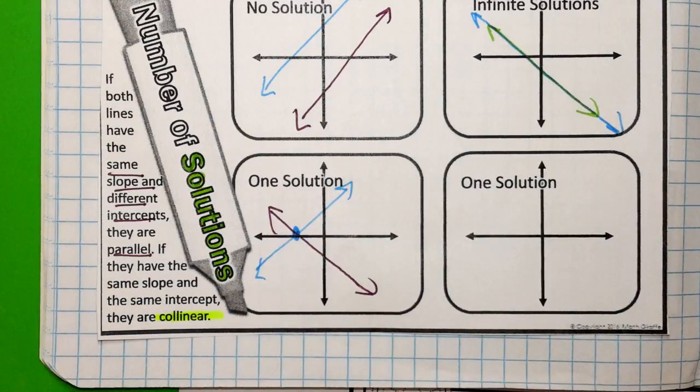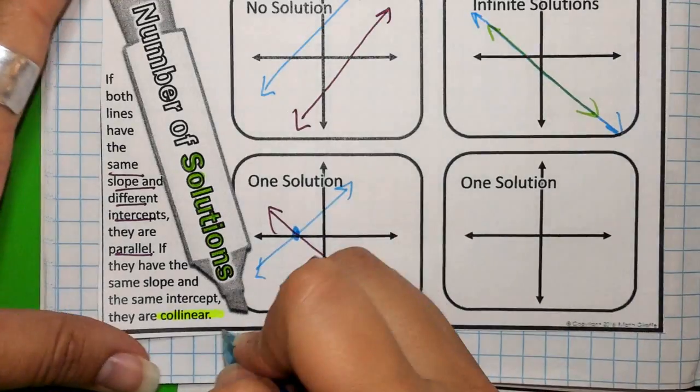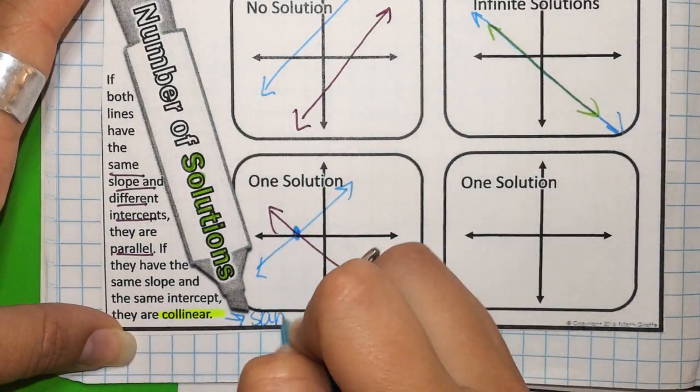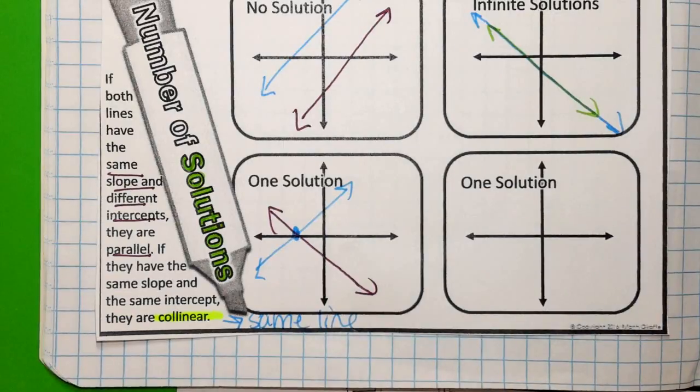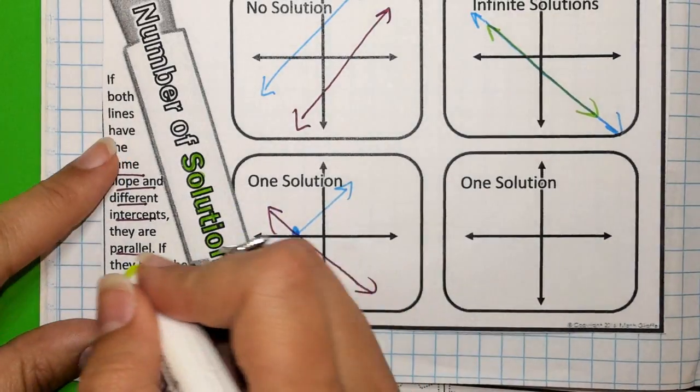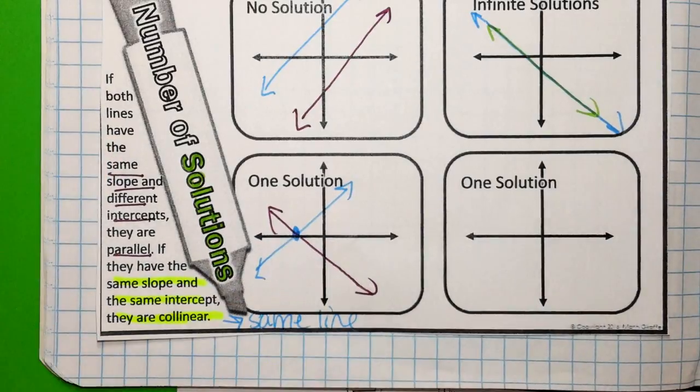A line, right? And what do you think collinear means? They're on the same line. So collinear means the same line. So let's write that. It's a fancy word meaning same line. So if they have the same slope and the same intercept, they are collinear. They make the same line.